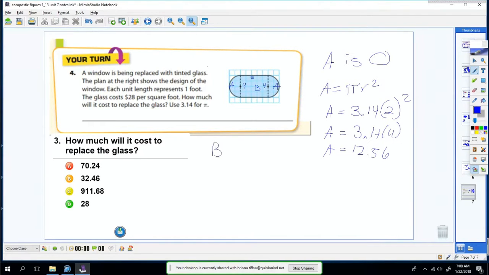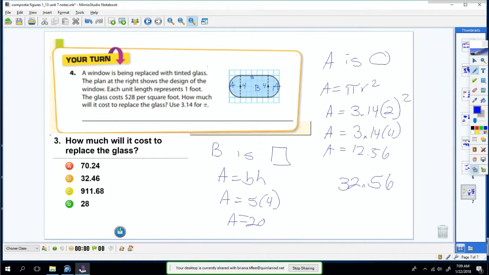Well, B is a rectangle. The area formula for a rectangle is just base times height. The base is 5 and the height is 4. Well, 5 times 4 is 20. So now you got to do 20 plus 12.56, and you get 32.56.